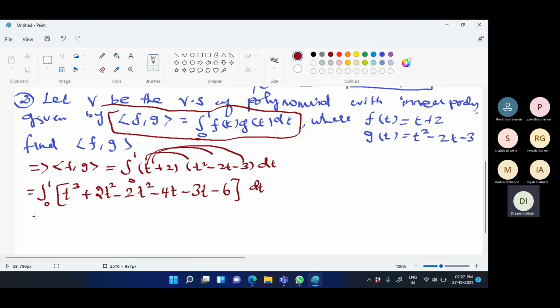What are the cancelling terms? These two are cancelled. The remaining terms are t power 3 minus 7t minus 6 into dt.